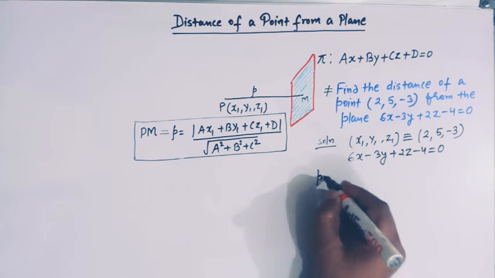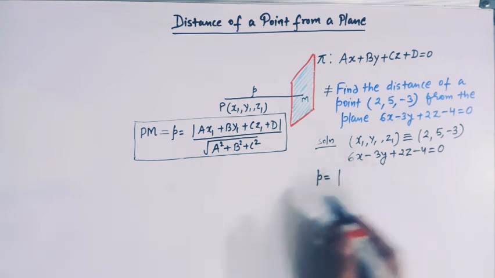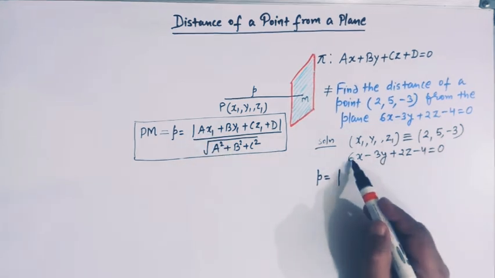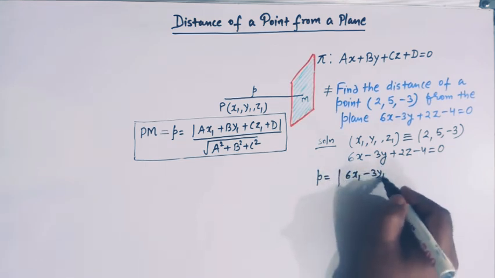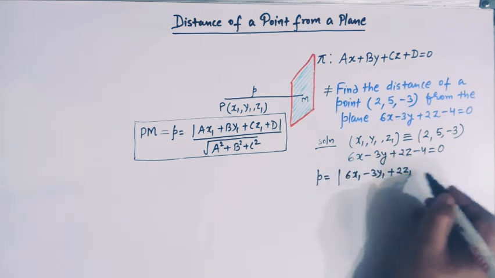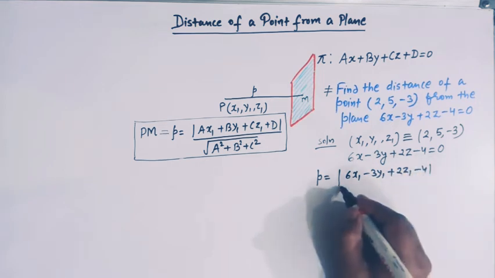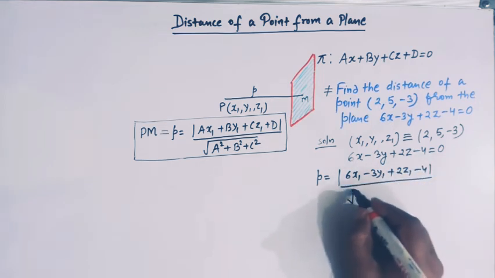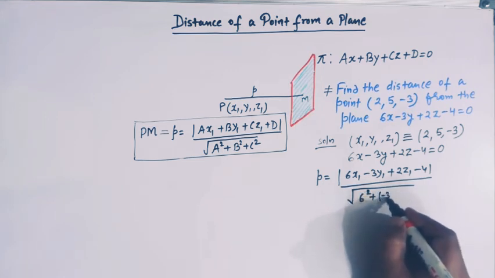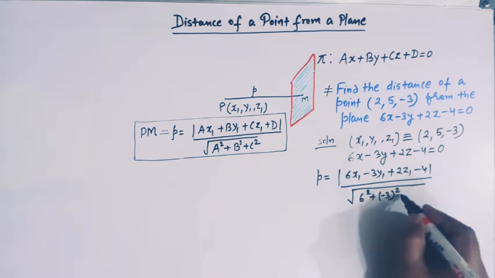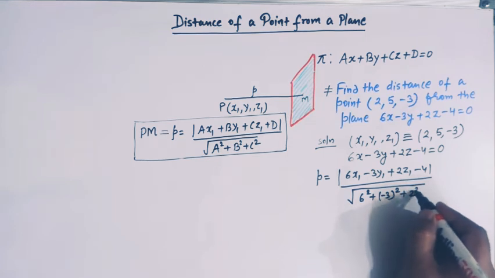So P is equal to absolute value of ax1. So here we have 6x1 minus 3y1 plus 2z1 minus 4 divided by square root of 6 square plus minus 3 square plus 2 square, right?